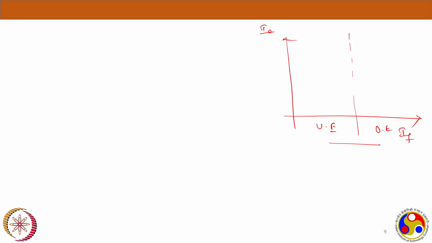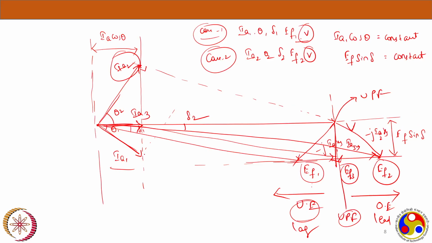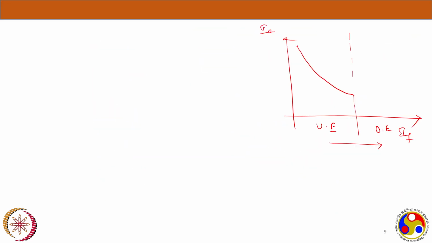IA would start from a peak point, and as you increase the excitation, your IA would reduce. It will reach a point, unity power factor, and then as you further increase the excitation, your IA would increase, but the power factor would change. So this is the unity power factor.